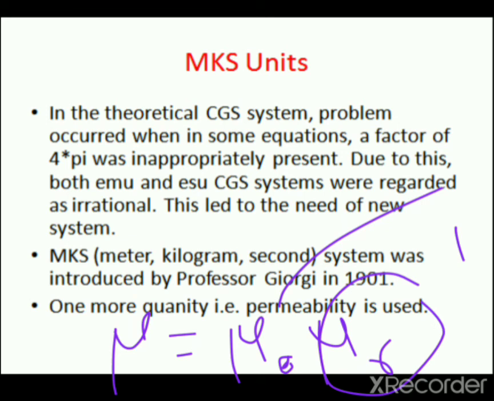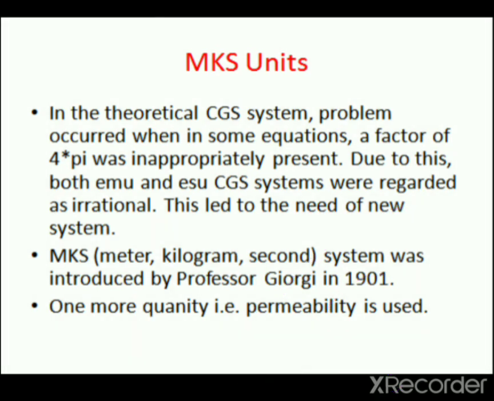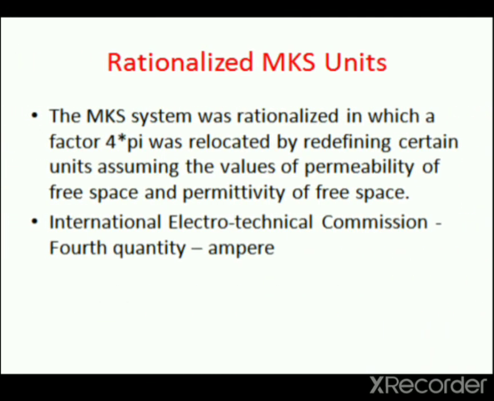Therefore, the MKS unit of permeability is 10 raised to 7 into the CGS unit of permeability. This is about the MKS system.